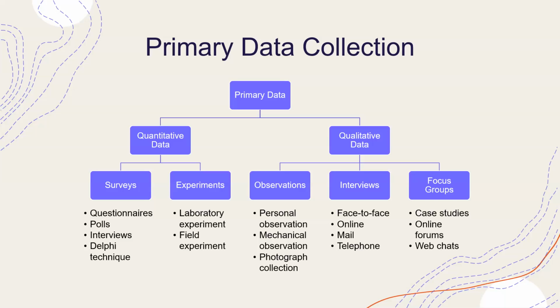Interviews are primarily done in qualitative research and occur when researchers ask one or more participants general, open-ended questions and record their answers. Interviews can be conducted via face-to-face or online conversation, mail or telephone communication. Lastly, focus groups are also a primary format for qualitative data collection.